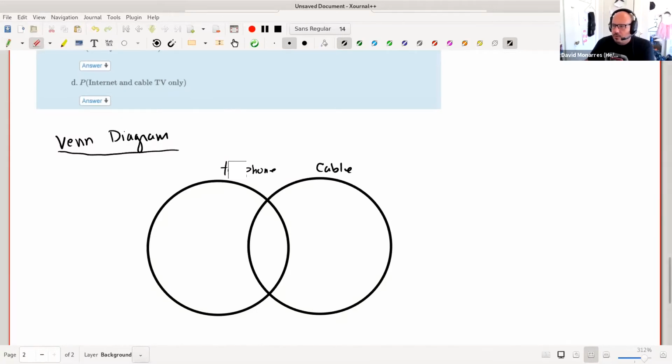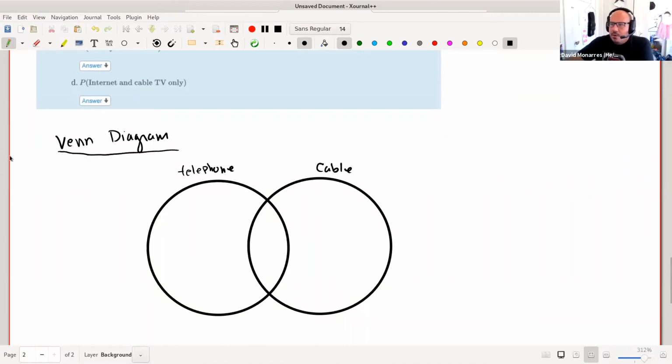Let me erase all this extra junk and move this over here. Notice how they overlap. What the overlap represents is that inside here, we're going to put all the people who have both telephone and cable. They're going to live in this little in-between zone.